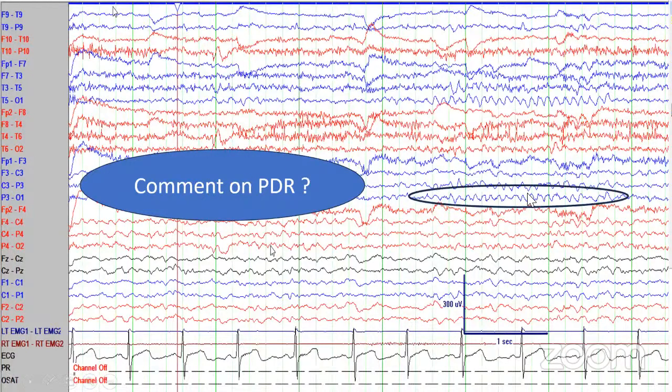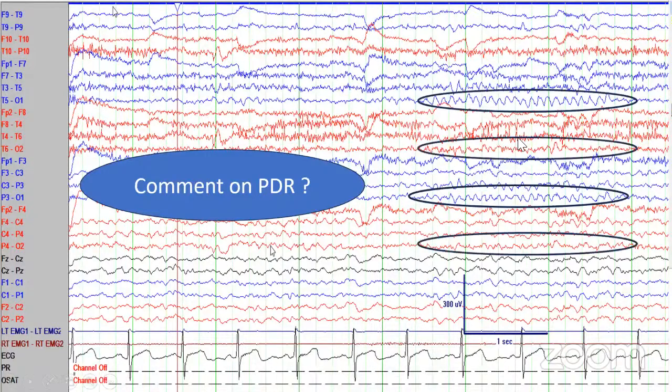If we see the PDR of the left side, it is relatively well established. If we see the PDR here again, O1, this is well established. So we have a PDR of approximately 10 hertz. But now if we look at O2, this is right-sided occipital, where we were supposed to have an almost symmetrical and synchronous rhythm, but we don't appreciate it here.